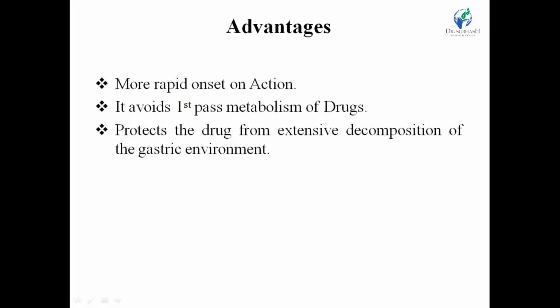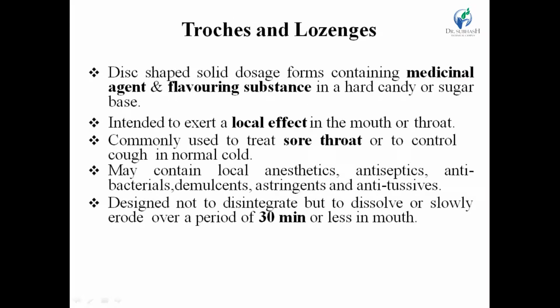Next one is troches and lozenges. They are disc-shaped solid dosage forms which contain a medicinal agent and flavoring substance in a hard candy or sugar base. They are intended to exert a local effect in the mouth or throat.